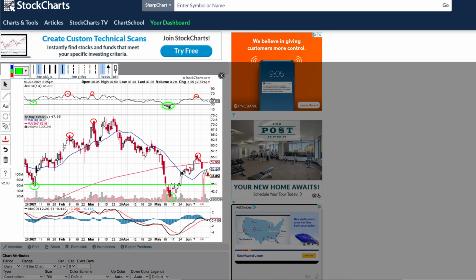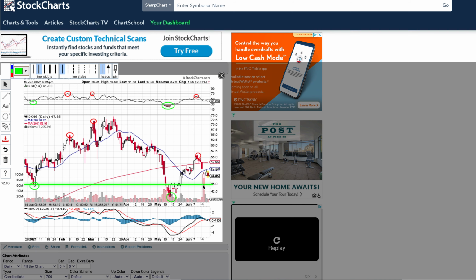I labeled this one green because I'm giving you the green light: this is a good entry, pull the trigger. We can see the same thing back here, which I guess is the beginning of the year. The stock reached oversold levels, and sure enough, boom, it started moving to the upside.